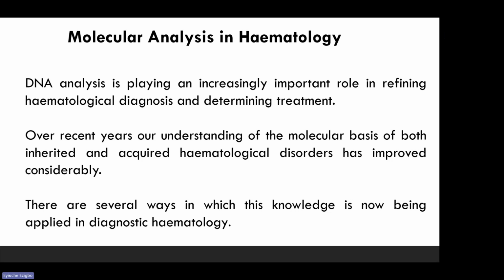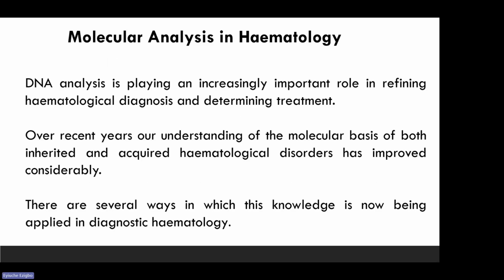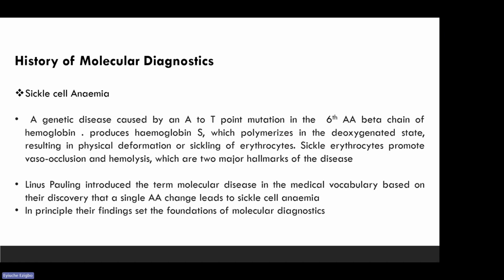So there's a whole lot of conditions and disorders where investigating the DNA through molecular analysis can help us in hematology. It has very versatile, wide applications. So that is why we are studying it.